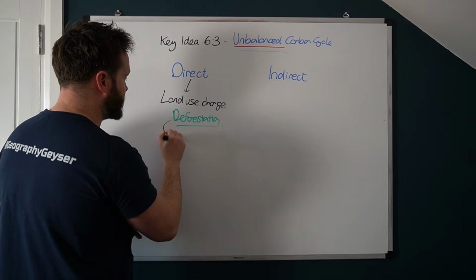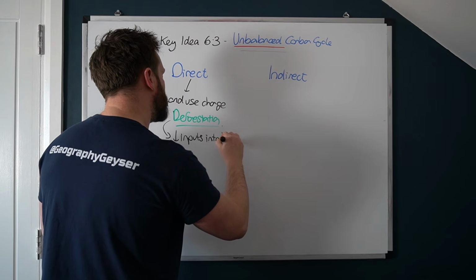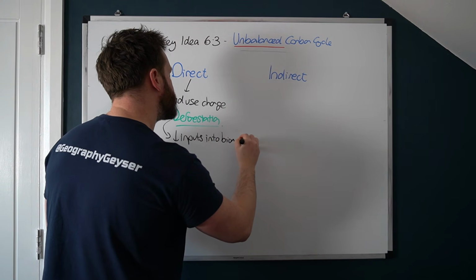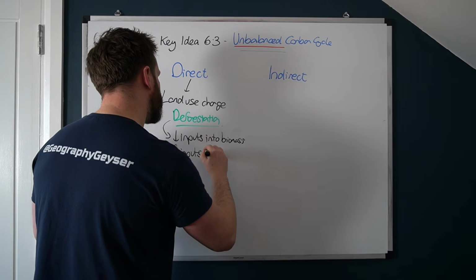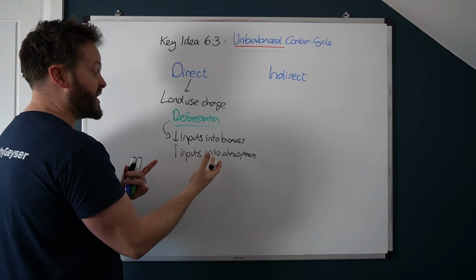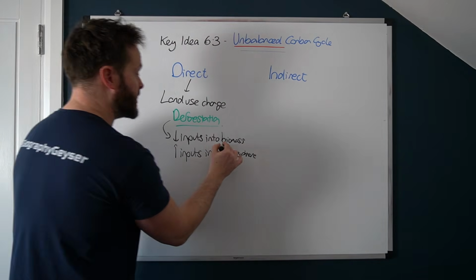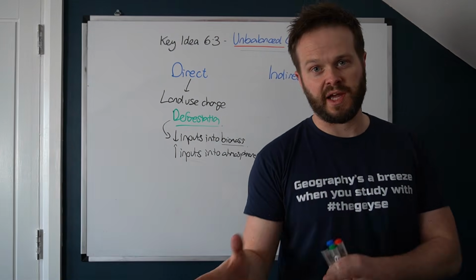What we're doing there is decreased inputs into biomass, and therefore increased inputs into the atmosphere, or decreased outputs from the atmosphere to biomass. So we're thinking about this in terms of inputs and outputs.